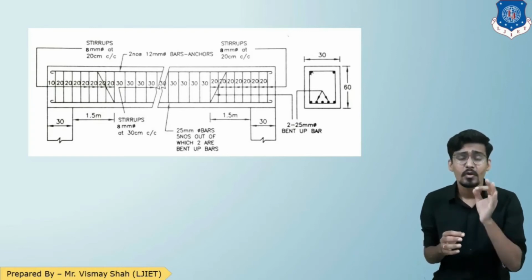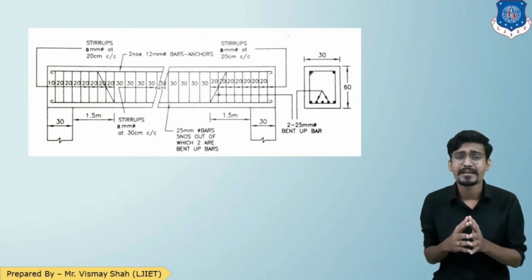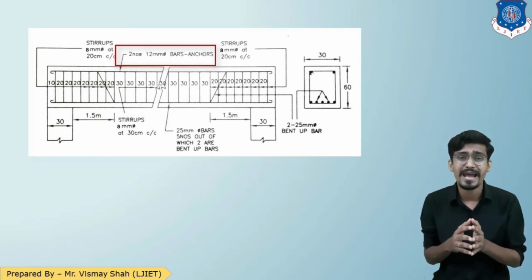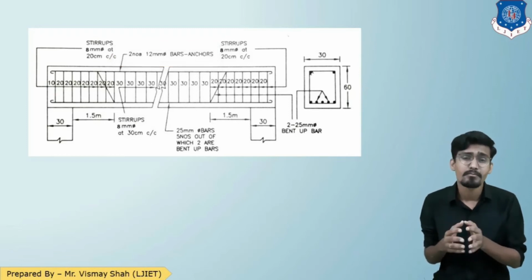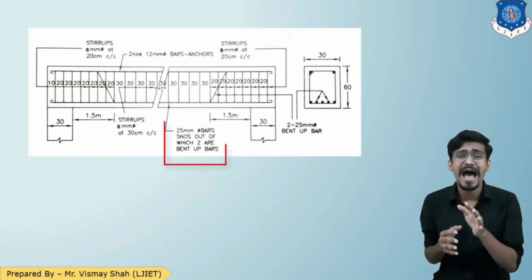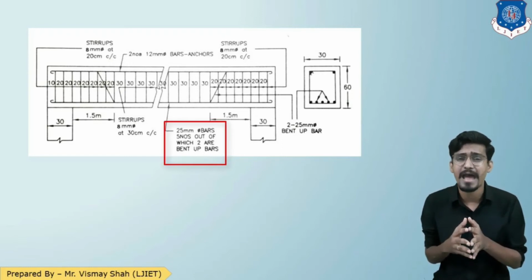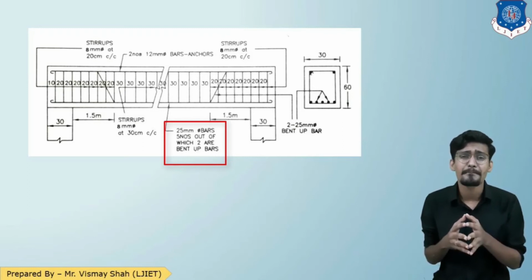Now look closely at the beam. At the top level of the beam, there is a 12 mm reinforcement bar which is known as anchor bars, and the number is written as 2 numbers. So it is written as 2 numbers of 12 mm anchor bars. At the bottom level, there are 5 numbers of 25 mm diameter bars, out of which 2 bars are bent up bar.